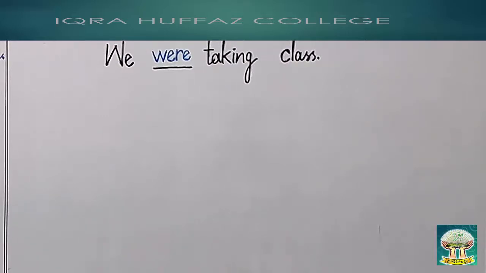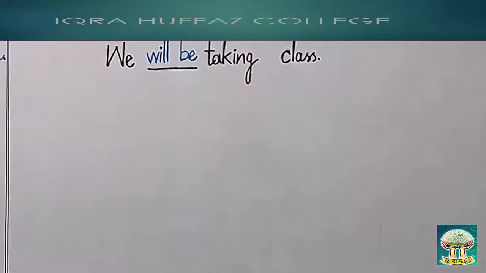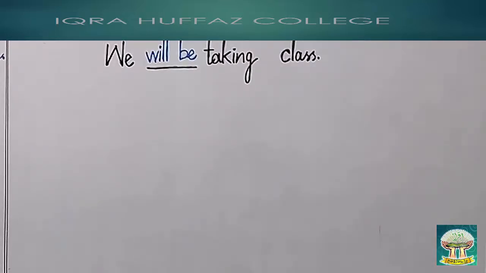Why? Yes, because of were as auxiliary verb. Oh, I changed the auxiliary verb again. Now this time there is no are, there is no were, but a new auxiliary verb, will be. We will be taking class.